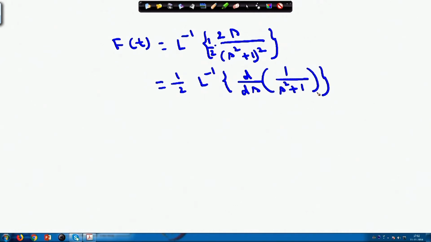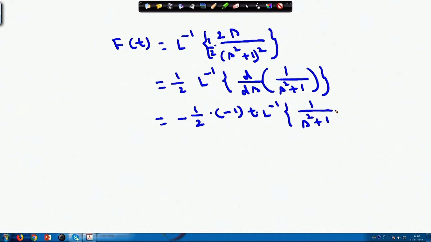Using the property of the inverse Laplace transform, I can write it as half into L inverse of d/ds of 1 by s square plus 1, and this equals minus half into minus 1 to the power 1 into t into Laplace inverse of 1 by s square plus 1.